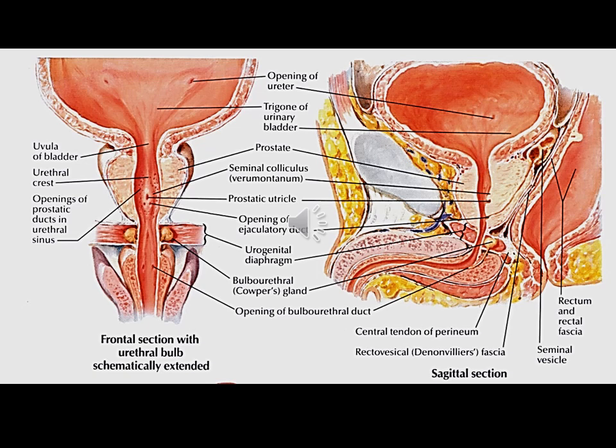Then it will pass through the prostate, and next it will pass through the deep perineal pouch, that means through the urogenital diaphragm, before it enters the bulb of the penis. On the right side is a sagittal section to show the various parts of the male urethra.